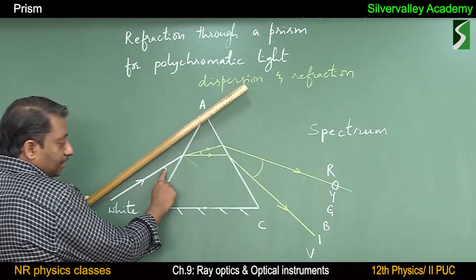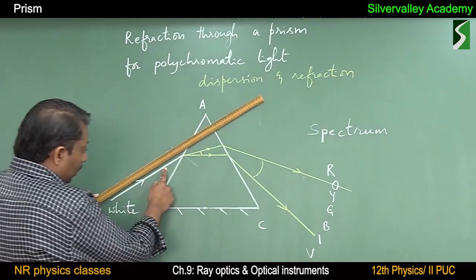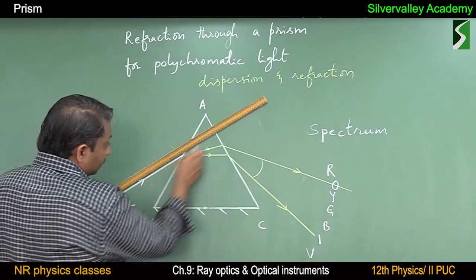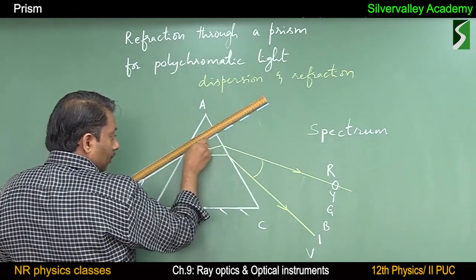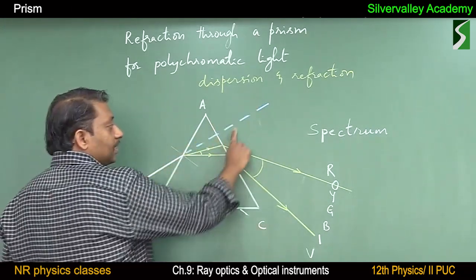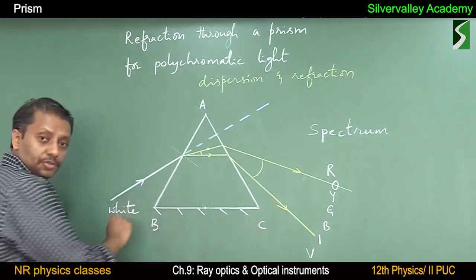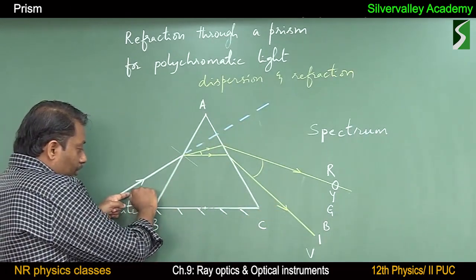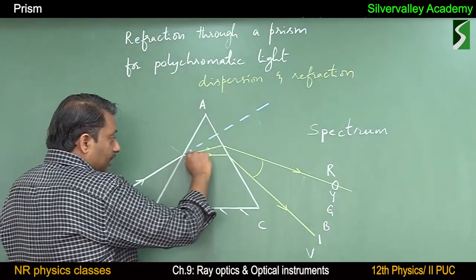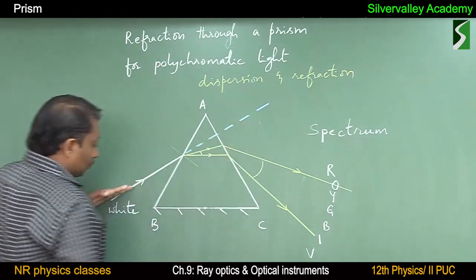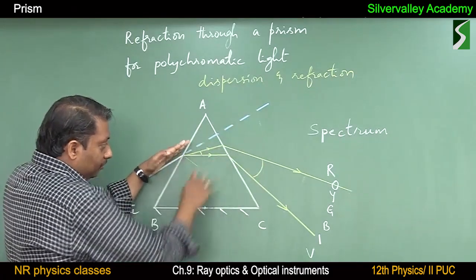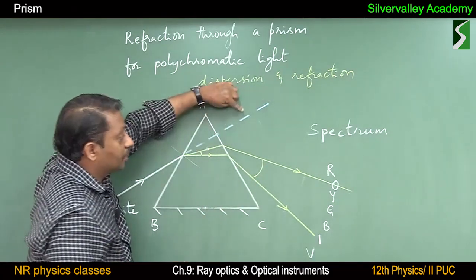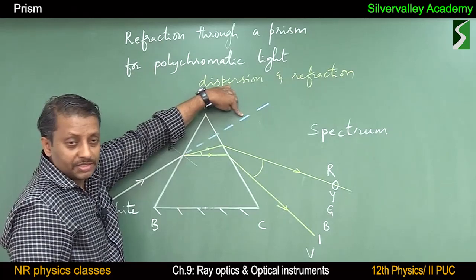So this is the incident ray, right? Let me draw direction of incidence. This is the direction of incidence. Students, make sure that you draw this, you extend this incident. So light traveling in this direction in the absence of prism should travel straight. So this is called direction of incidence.